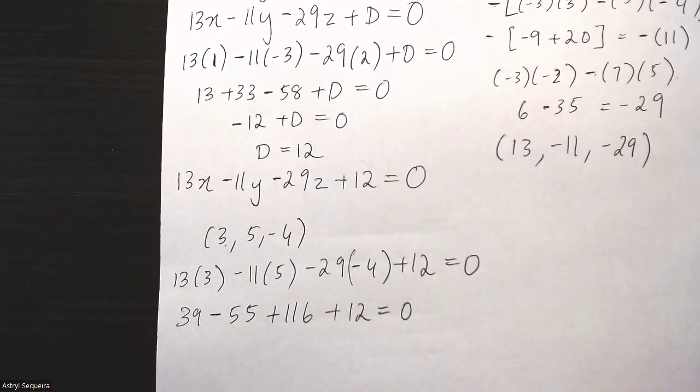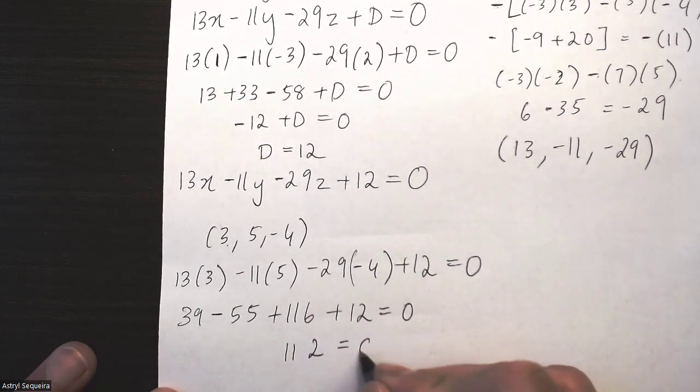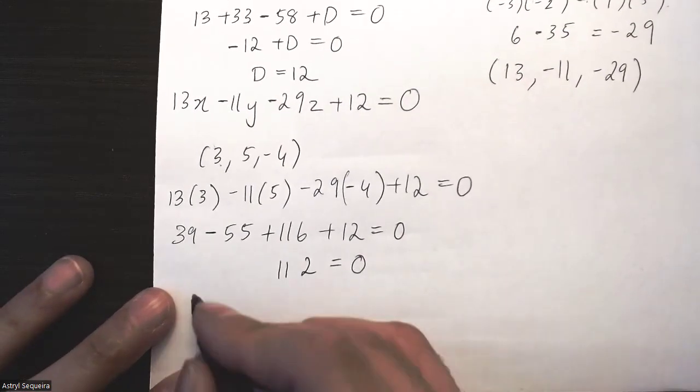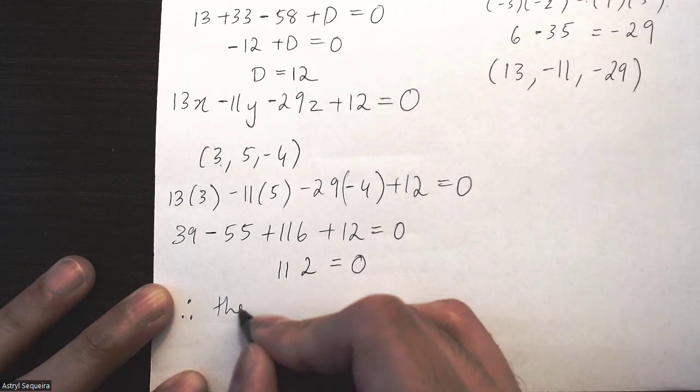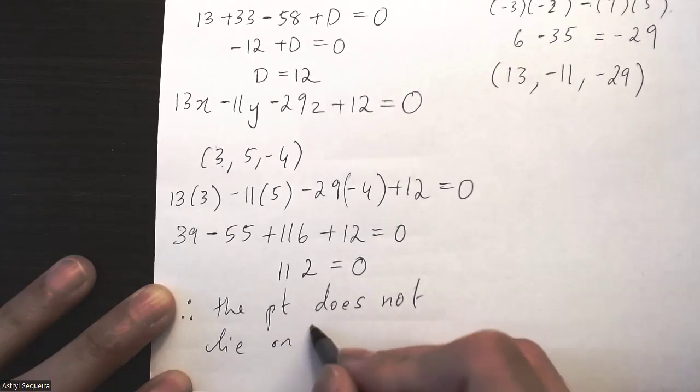I'll just do this in my calculator. And I get 112 equals to 0, which is obviously not true, which means that therefore the point does not lie on the plane.